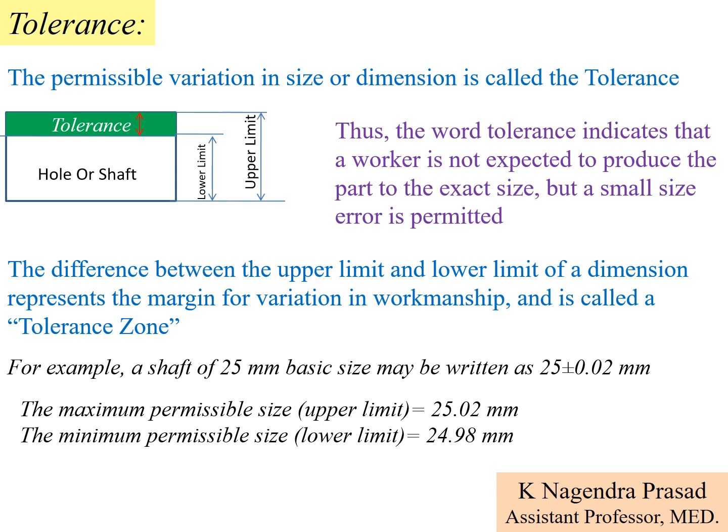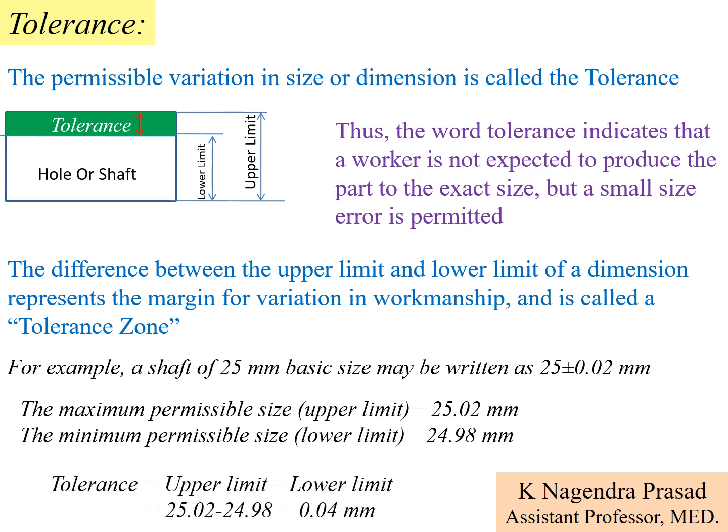Then the upper limit is equal to 25 plus 0.02, that is 25.02 mm, and the lower limit is 25 minus 0.02, that is 24.98 mm. So the tolerance is equal to the upper limit minus the lower limit, that is 25.02 minus 24.98, that is 0.04 mm.